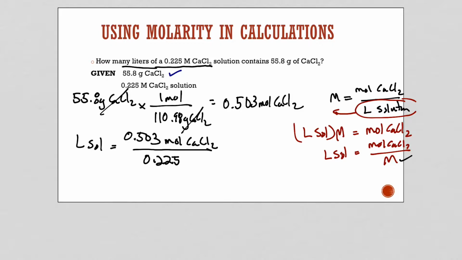Molarity, remember, is moles divided by liters. And so if we think about it here, my moles cancel. So liters are going to be the unit that I have. And so if I do this math, I get 1.97 liters of solution is how much I would need.